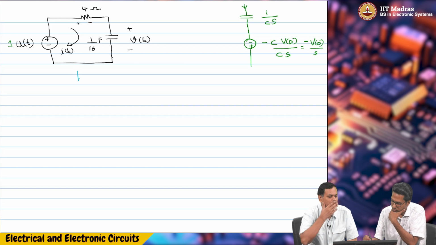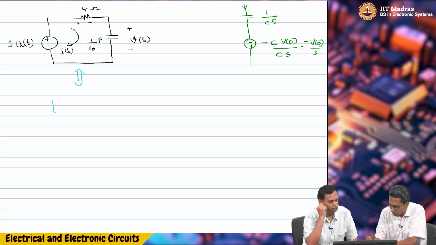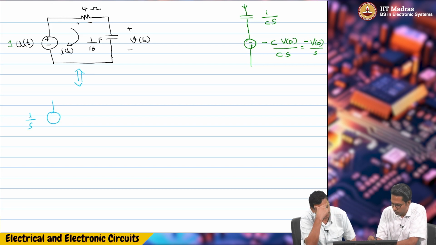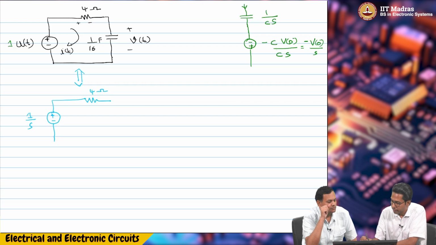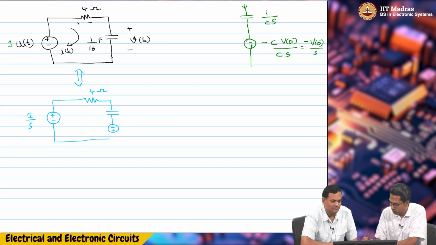So how to represent this in the s domain directly? We have the source 1 by s, then the resistor as it is, 4 ohms. Then comes the capacitor, so we have the capacitor and then a series voltage, minus plus in this direction.